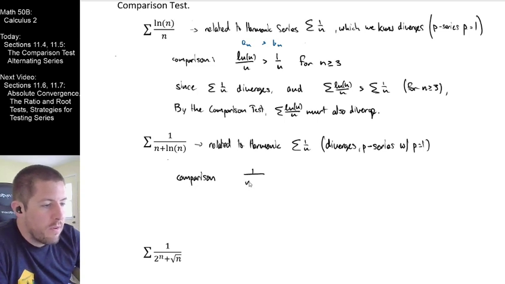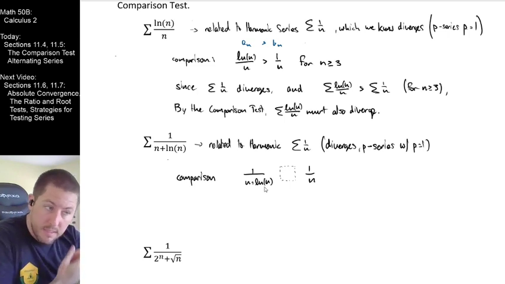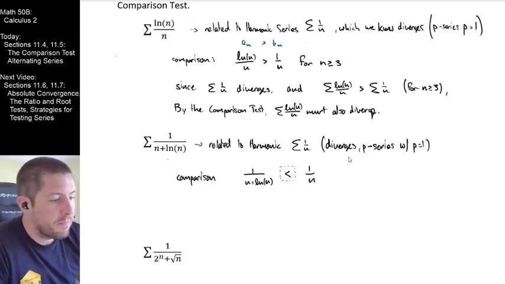I've got 1 over n plus natural log of n, and I want to know what goes in the box right here. That's my comparison factor. How does this compare to 1 over n? For all positive integer values of n, these terms are going to be smaller than the terms of 1 over n because we have a larger denominator.